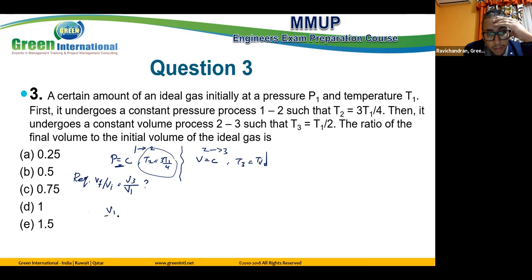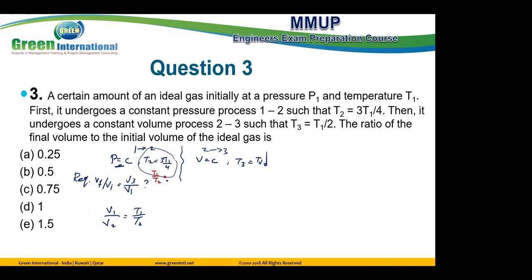So V1 over V2 equals T1 over T2, correct? What is the value for T1 over T2? Let's see. T2 equals 3 T1 over 4, correct? So T1 over T2.